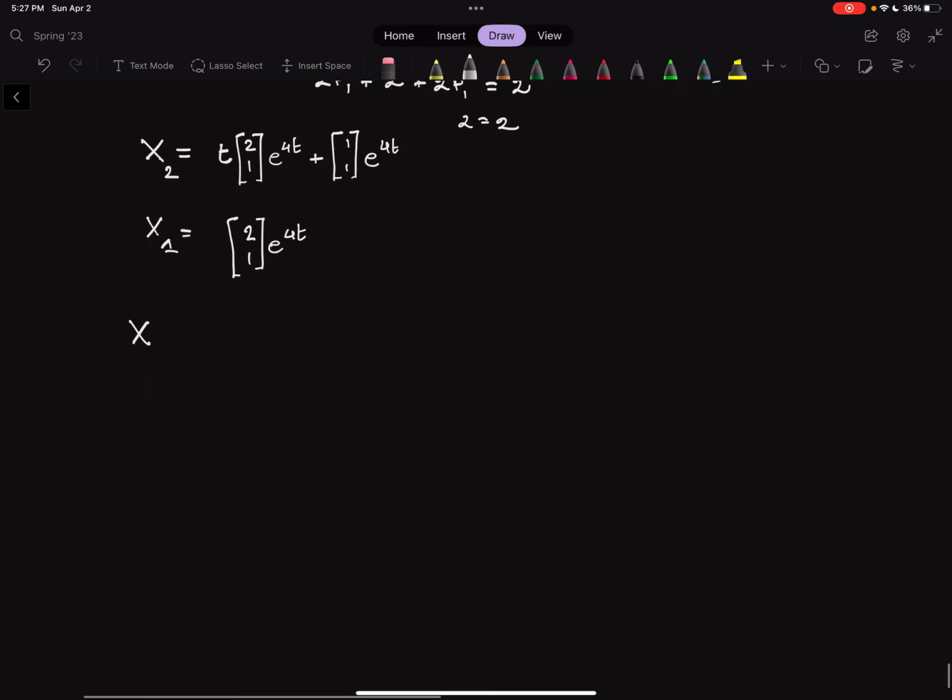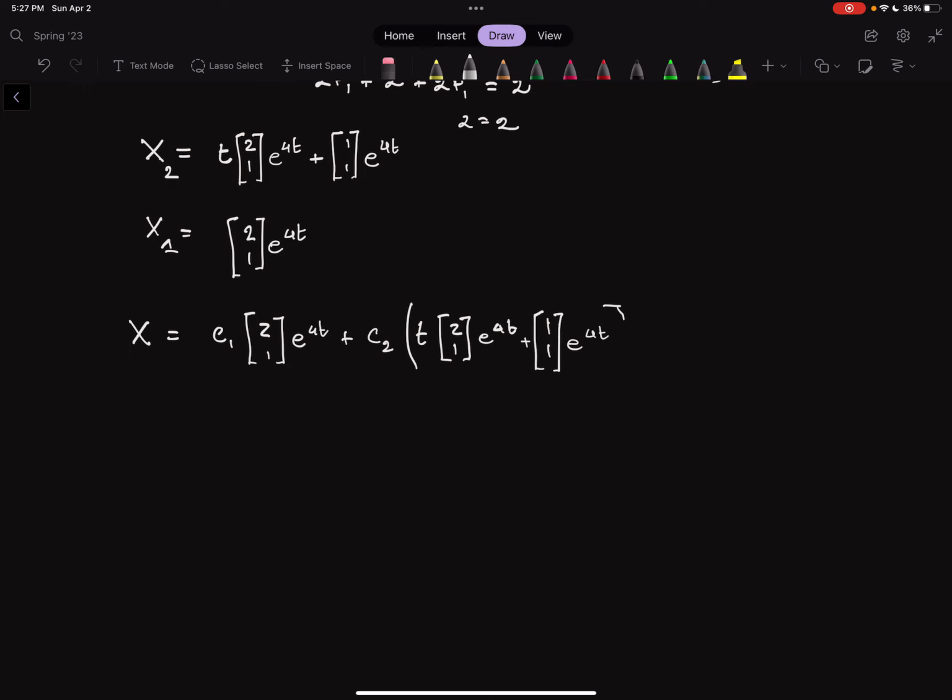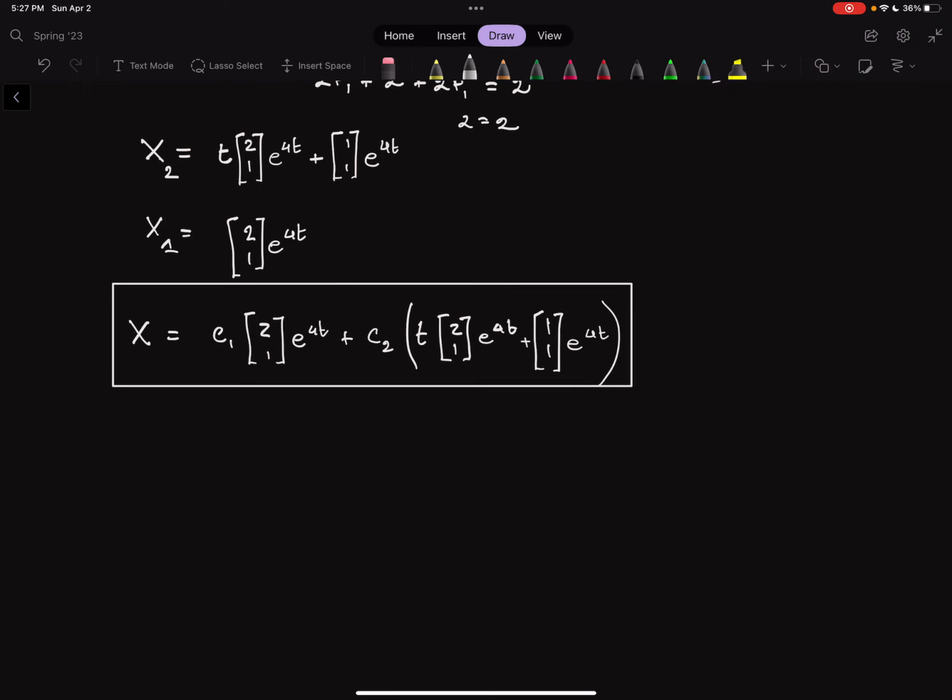So the general solution now becomes C1 times 2, 1 e to the 4t plus C2 all multiplied by t times 2, 1 e to the 4t plus 1, 1 e to the 4t. And I can close this parenthesis. And this would become the general solution of our system.